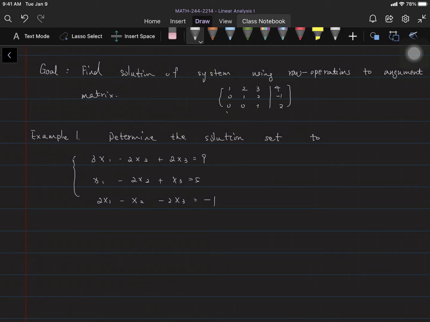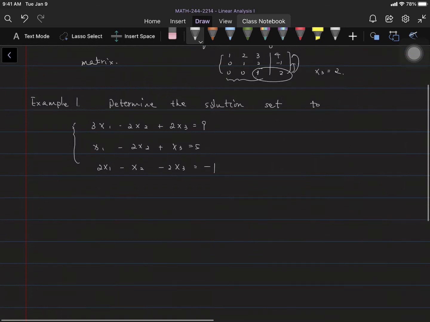That means the left side is the coefficient matrix and the right side is the constant b. So from the last row, you can see x3 equals 2, right? If we look at the last row as the last equation, this is x3 equals 2, and then we use back substitution to find x2, x1, something like that.